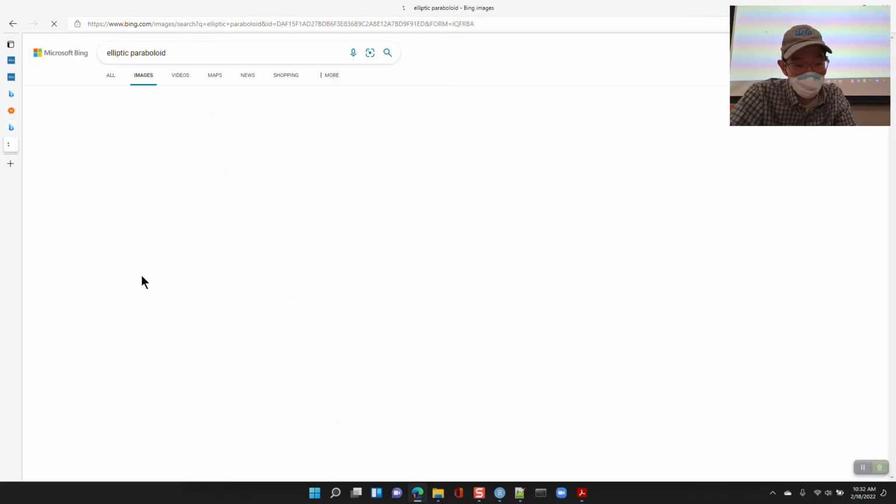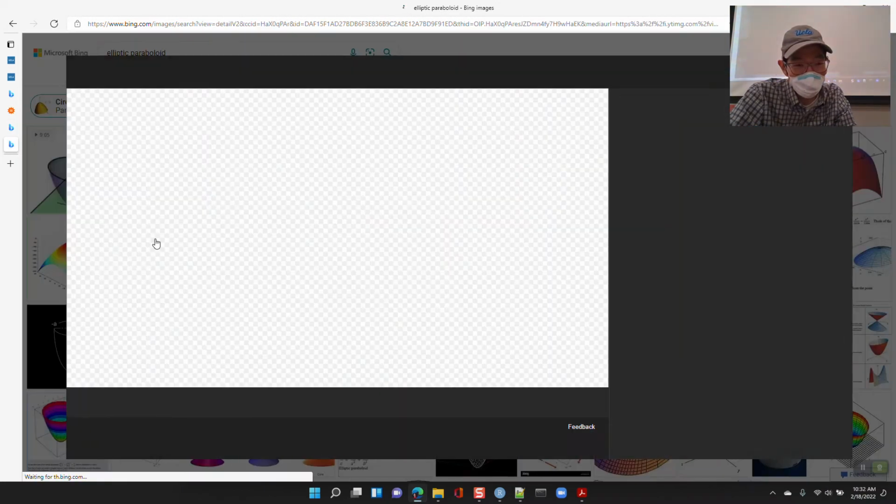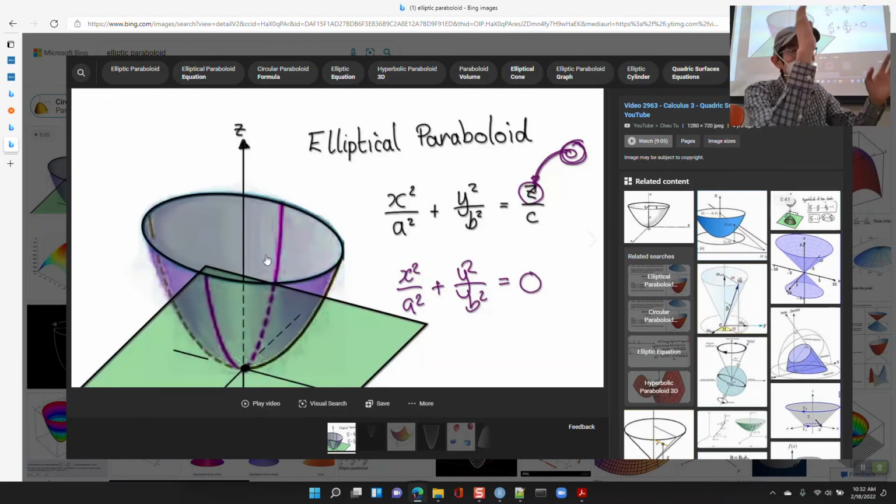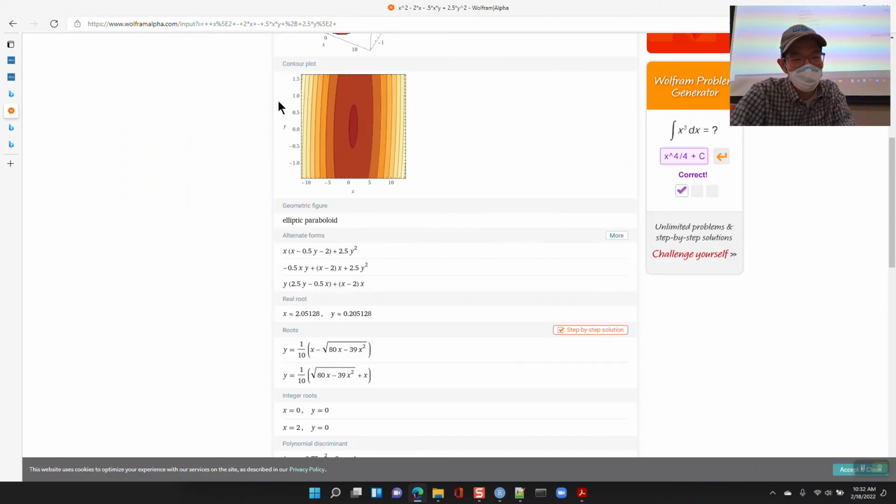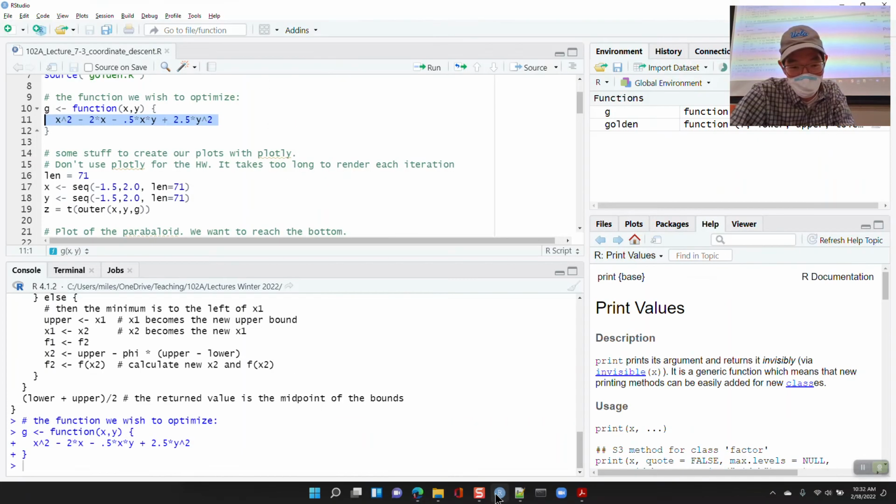Okay, it's one of these things. It looks like a little bowl, like an ellipse, right? So it's like your salad bowl or something, but shaped like an ellipse. So it's not practical, but it looks kind of like that, and there we go.